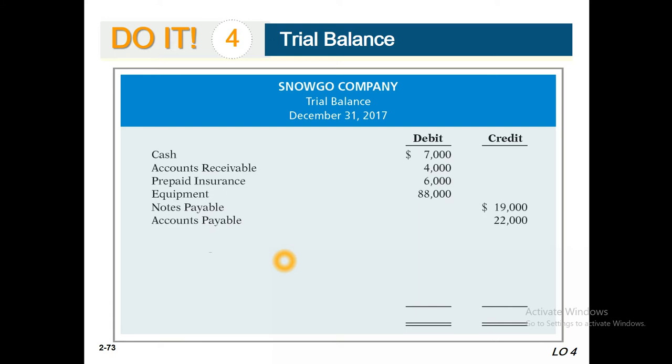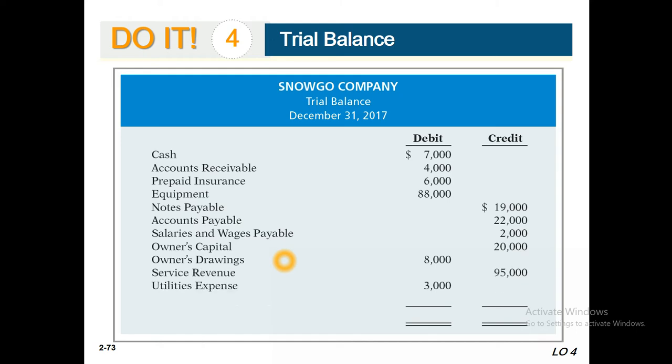So in this way we can prepare this: cash debit, accounts receivable debit, prepaid insurance debit, equipment debit, notes payable credit, accounts payable credit, salaries and wages payable credit, owner's capital credit, drawing debit, revenue credit, utilities expense debit, and salaries and wages expense debit. So this is the total amount, and both sides will be equal, the same. That means balance.